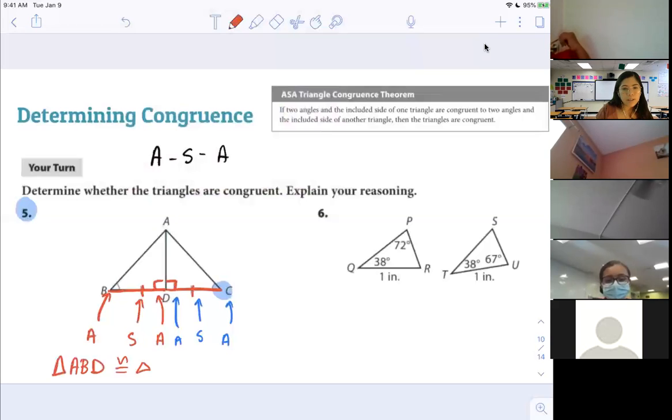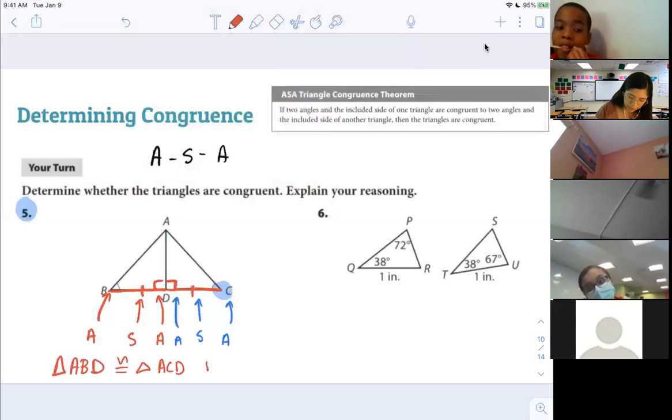Careful, what does B match up with? Oh, ACD. So ABD is congruent to ACD by the ASA theorem.